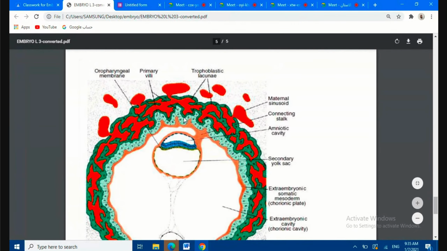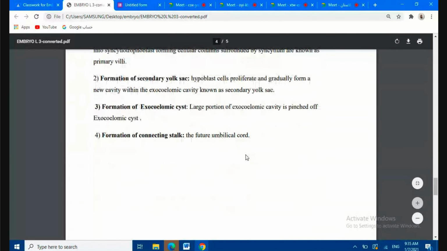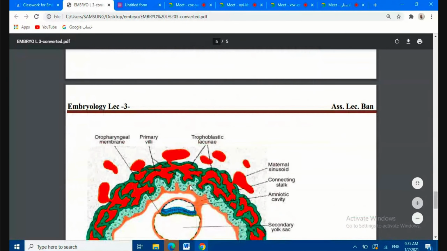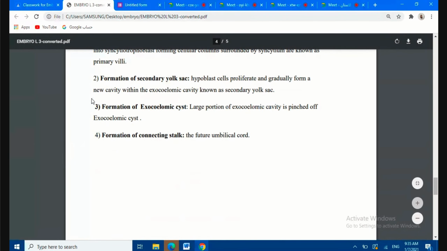Okay, they will proliferate and they will locally penetrate into the syncytial trophoblast. شوف هو يزيد عدده، شو راح يصير؟ منطقيا انه راح يبدي يخترق السنسيشيال trophoblast. تمام؟ شو راح يكون لنا؟ خلايا أو خلينا نقول cellular combs. They will be surrounded by syncytium and they are known as primary villi.